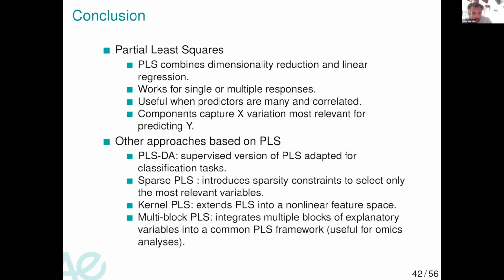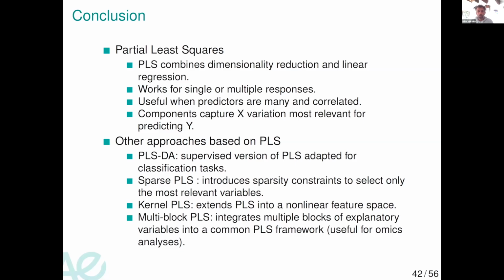It could work for single or multiple responses. It is useful also when predictors are many and are correlated. And as I said, the components capture the X variation that is more relevant for predicting Y.